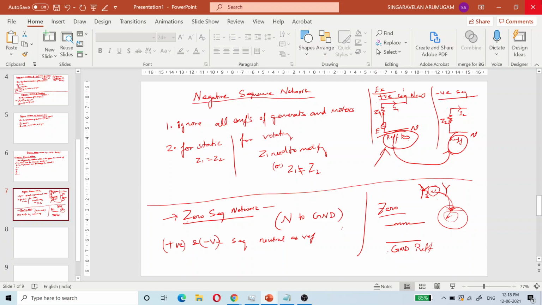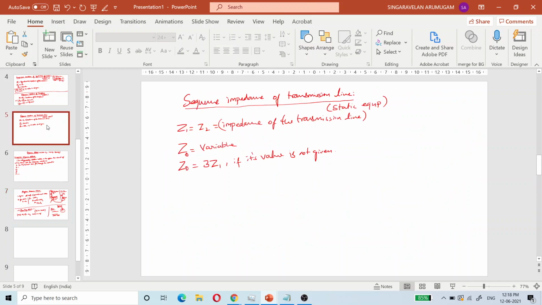For this sequence network, the impedance value for positive sequence is Z1, for negative it is Z2, and for zero it is Z0. We also discussed how these Z values can be found for rotating equipment and non-static equipment. We also saw three examples: one for a transmission line, one for transformers, and one for generators.